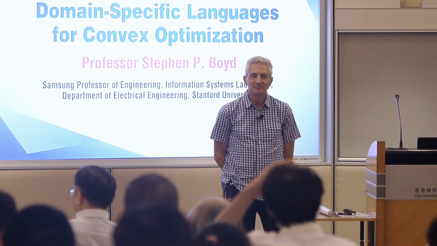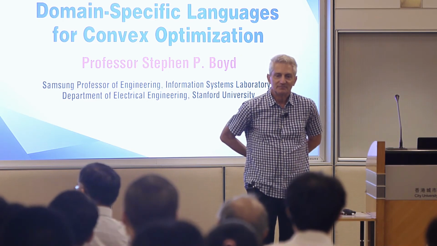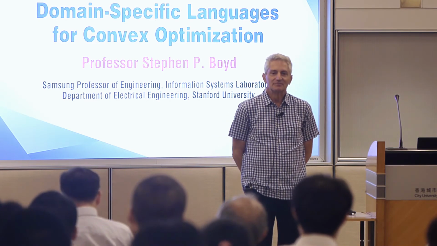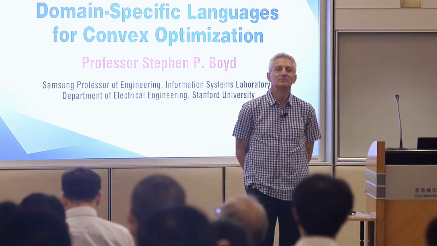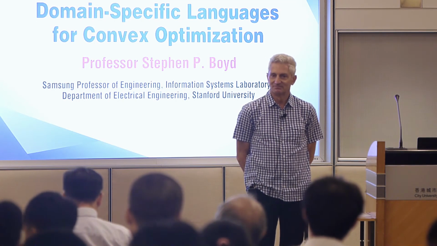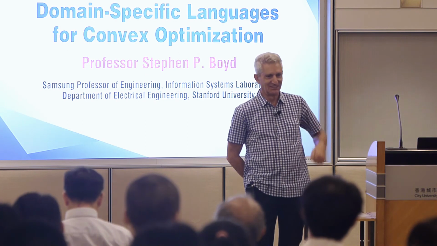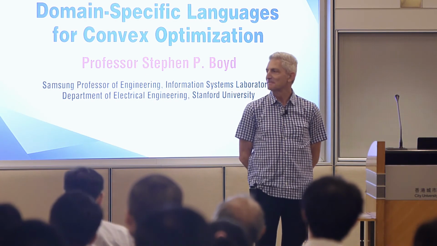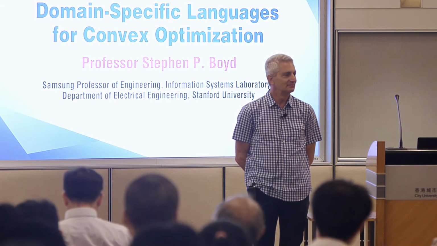Thank you for your talk, Professor. I have one question concerning other aspects of the optimization problem. Today you mainly talk about convex optimization, but I'm more concerned about non-convex optimization problems. Nowadays people do much research in deep learning models.